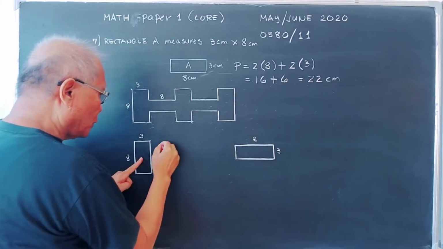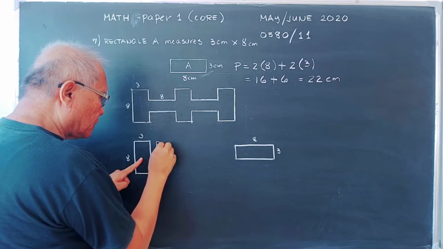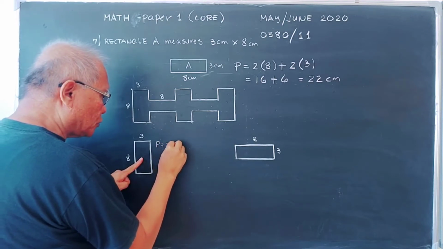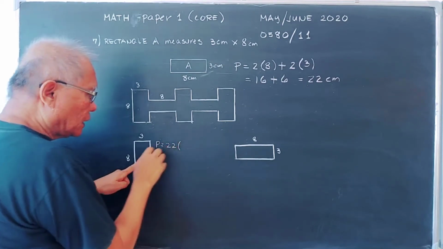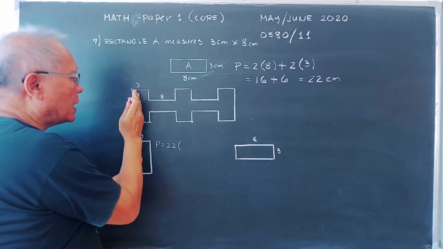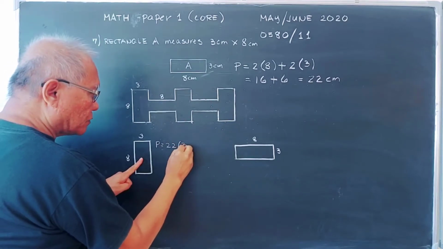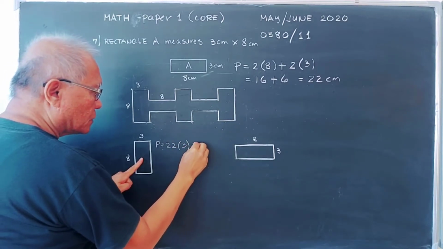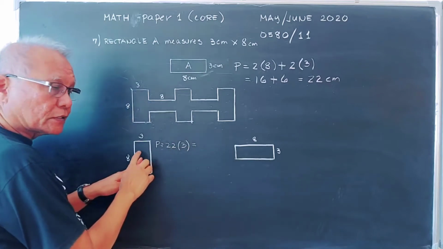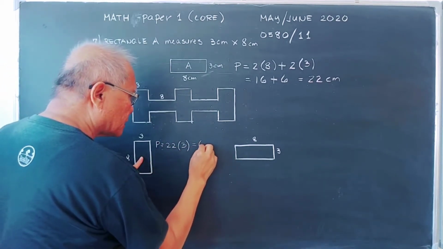It's 22. The perimeter of one only is 22, but we have 3, so we multiply it by 3. So the perimeter of the standing rectangles is 66 centimeters.